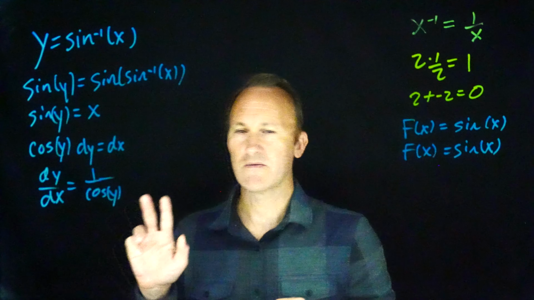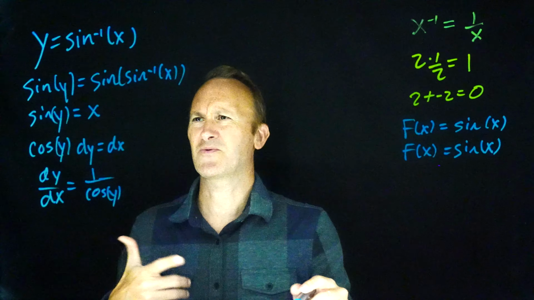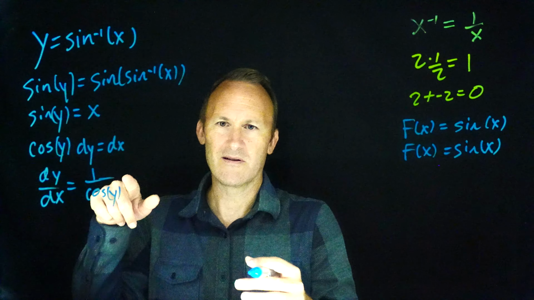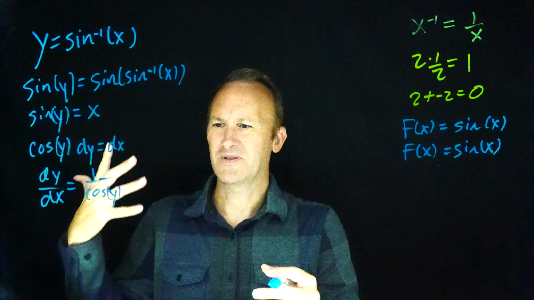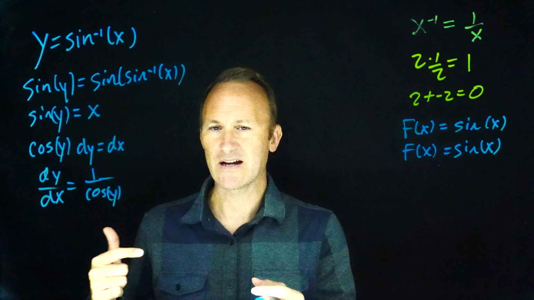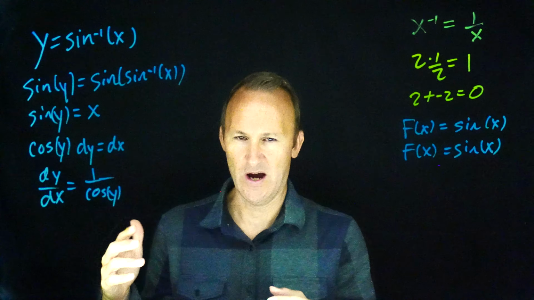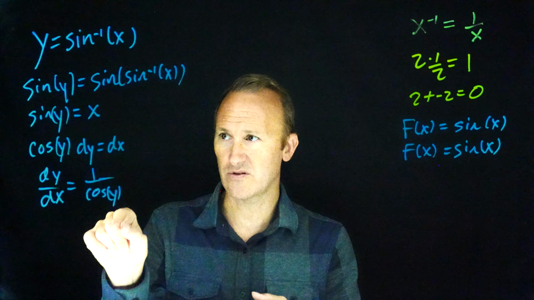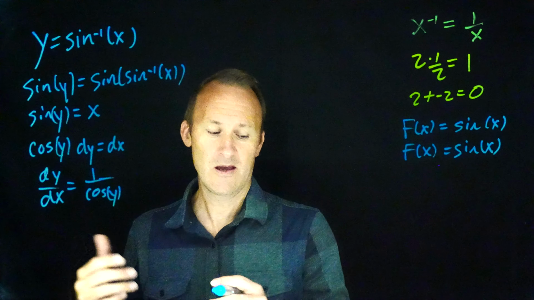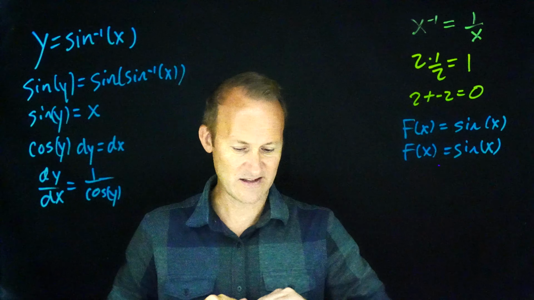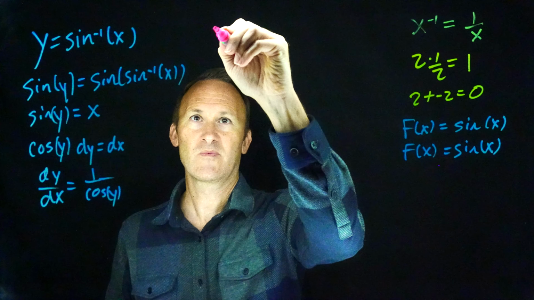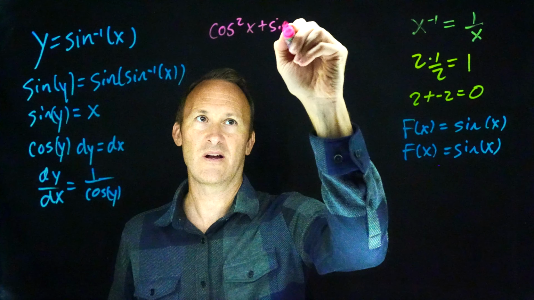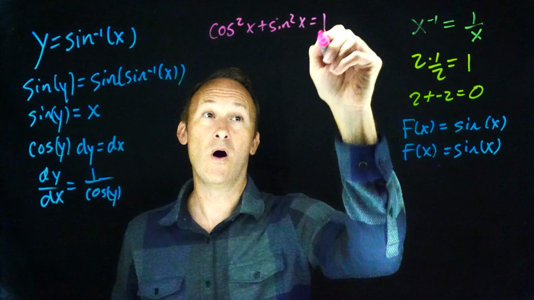Okay, so we're not quite there, right? And you might say, well, we've just gotten a little bit of a roundabout here. How is this better? This is in terms of y, but what about having it in terms of x? Okay, well, we know that sine of y is x. So the idea is, let's convert this to the sine of y. And what we need here is our classic Pythagorean identity, which is cosine squared x plus sine squared x equals 1.